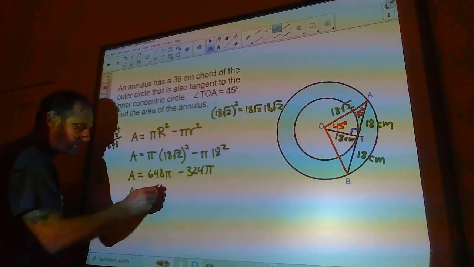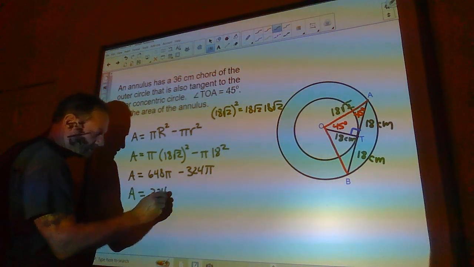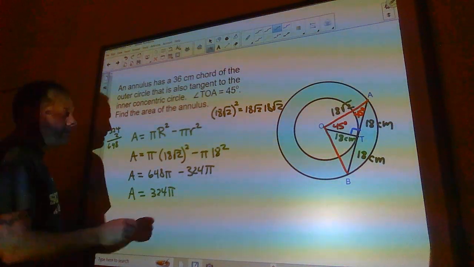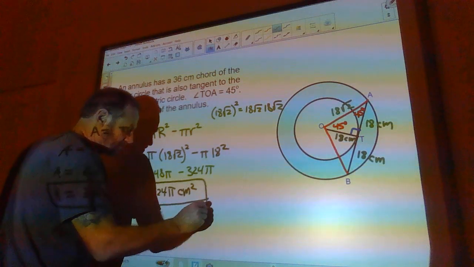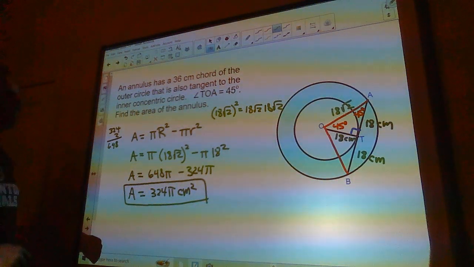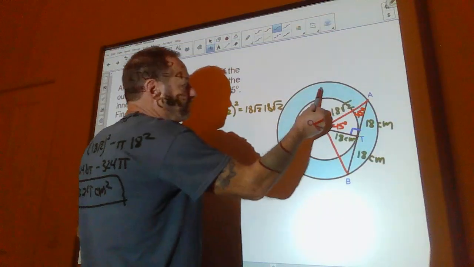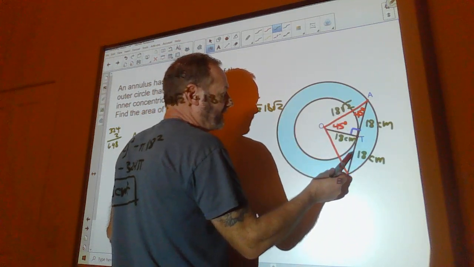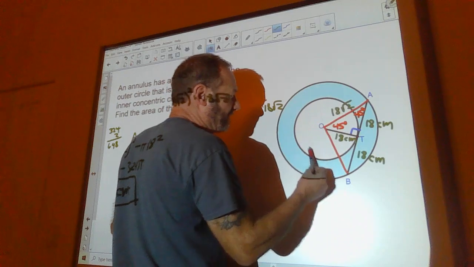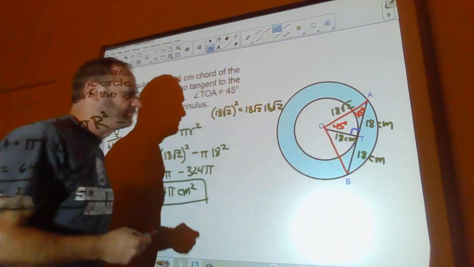And if I subtract those, that's going to be 324 pi square centimeters. Okay, so this blue ring right here is half the area of the big circle, because the other half is in the area of the small circle right there.